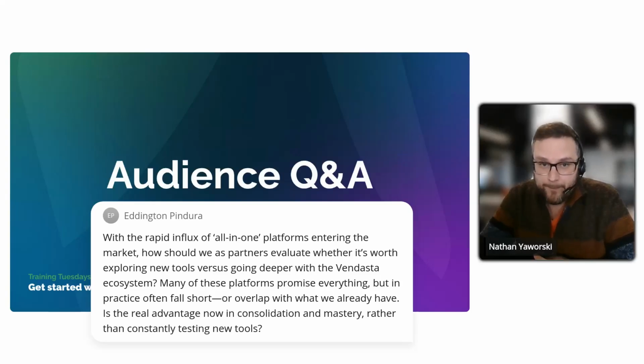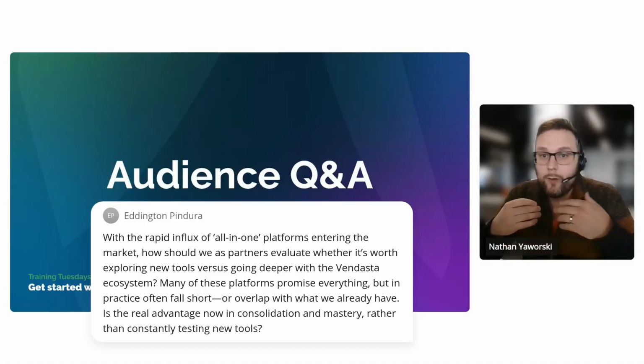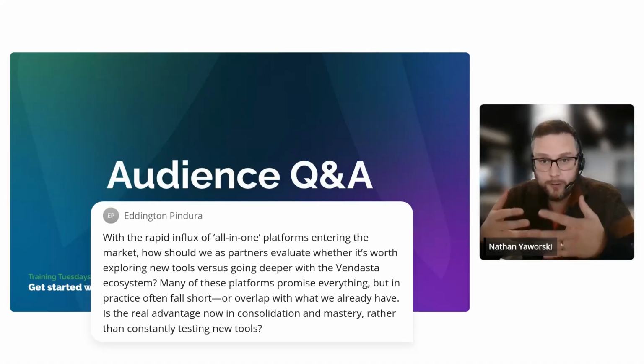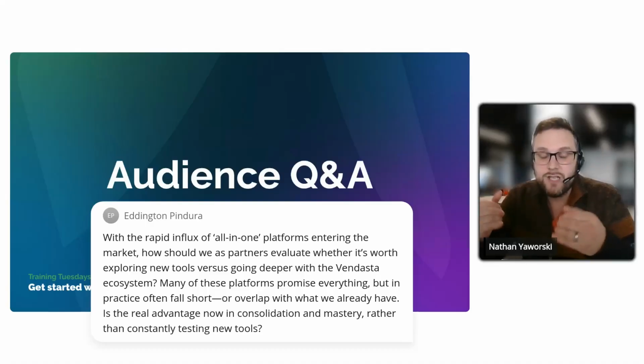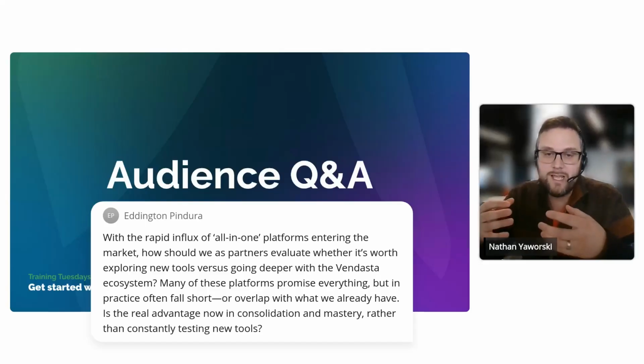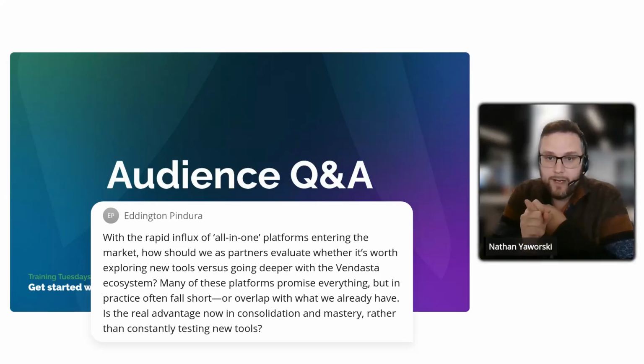What I would say, and I'm obviously biased, but the real strength of Vendasta's platform is that we are not only currently an all-in-one platform for digital marketing, but we are also breaking into and at the cutting edge of the AI space as well. We are building out these tools and these capabilities. They're getting released. As you've already seen this year, we've released Reputation AI for automated review responses.